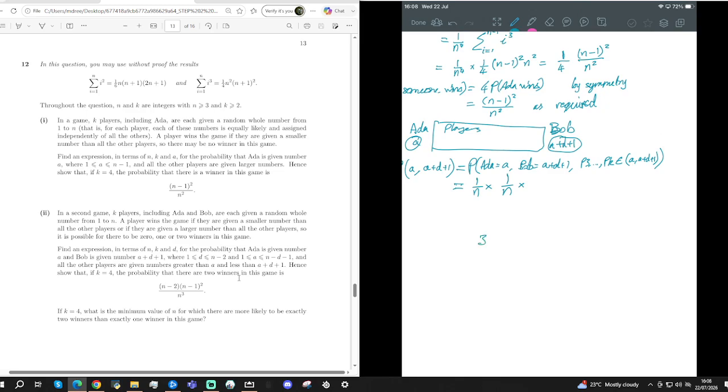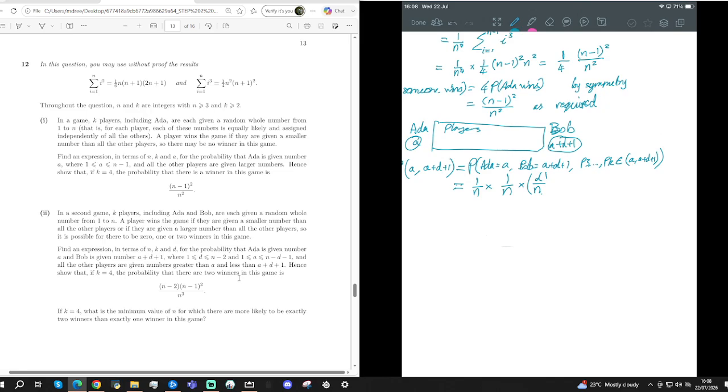If Ada got 3 and Bob got 7, so then this is 3 plus 3 plus 1. The D is 3. How many numbers are there in the middle? Well, it's exactly D. That's why Bob's number was chosen to be A plus D plus 1. So there are exactly D numbers in between.